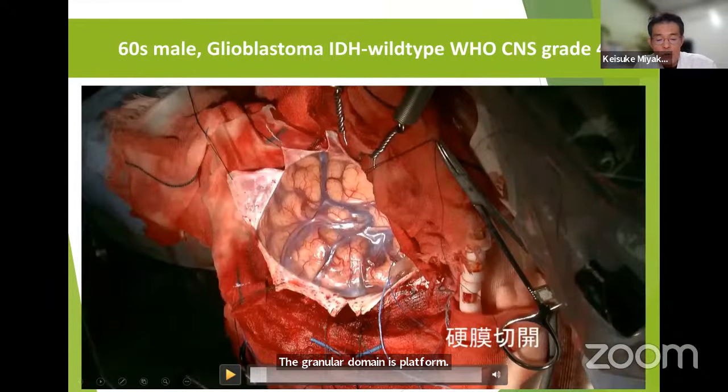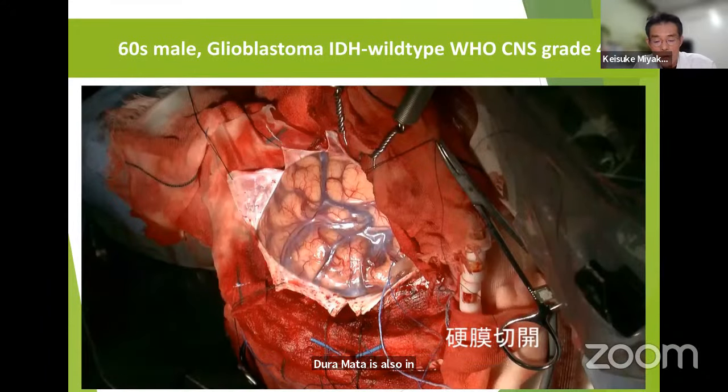The dura mater is also incised in a semicircular fashion. As the region is localized in the sensory language area, language mapping is conducted under awake conditions.